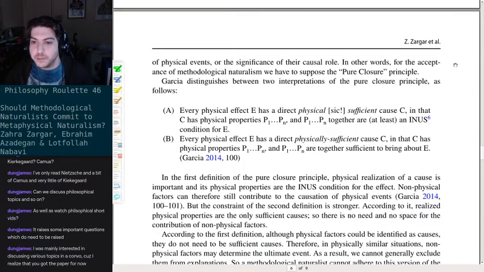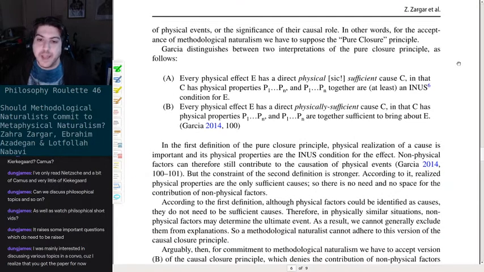Garcia distinguishes between two interpretations of the pure closure principle as follows.